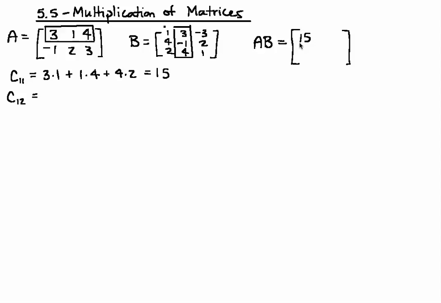And now we want to do the same procedure for the other combinations of the rows and columns that we have. So next, we're still taking row 1 and we're multiplying it by the second column.